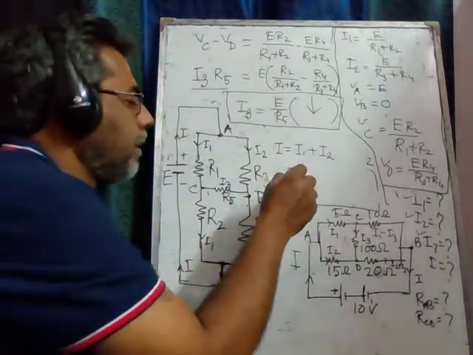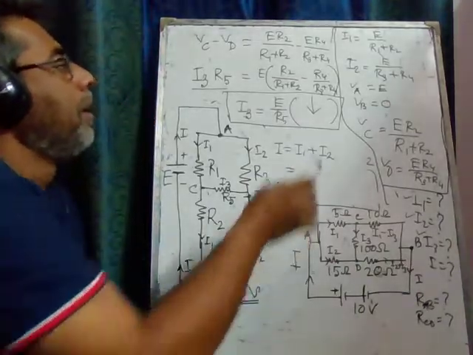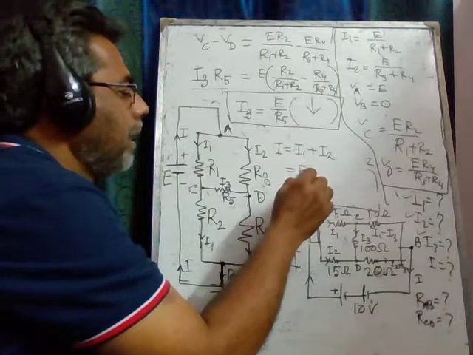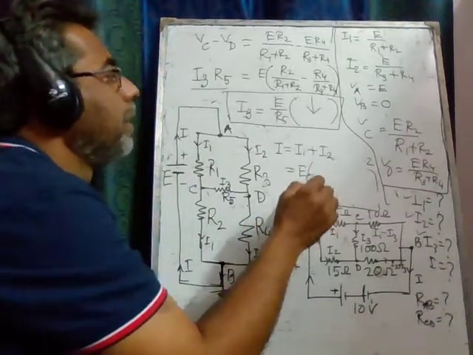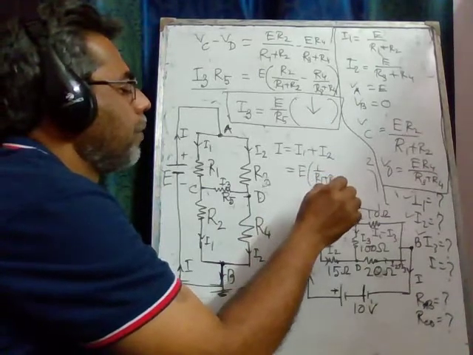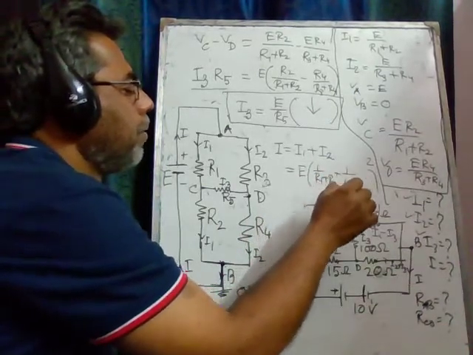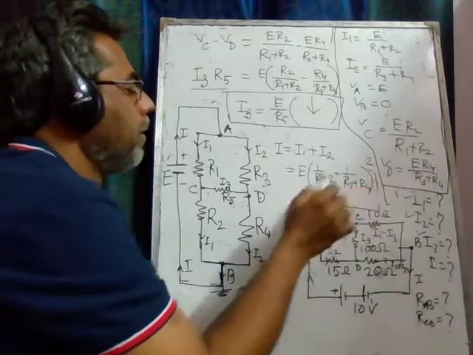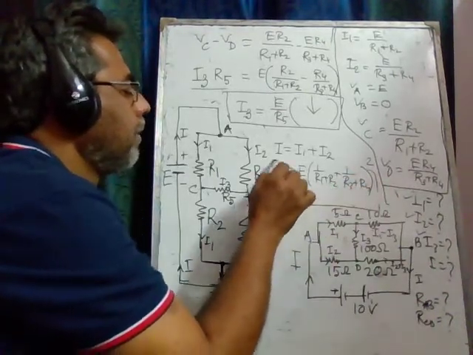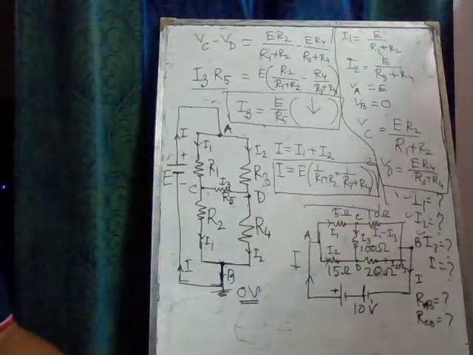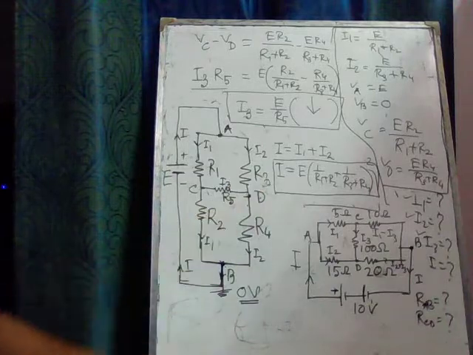So this is how much? We already have the expressions for I1 and I2, so you can directly write it this way. This is 1 over R1 plus R2 plus 1 over R3 plus R4. So this is our total current. One by one we got all expressions.